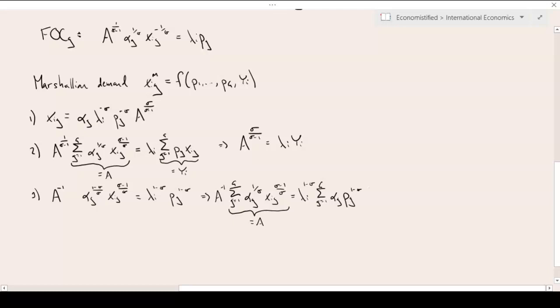We can't do anything with that yet, but on the left-hand side, we have A to the power of minus 1 times A. So that obviously simplifies. And rearranging slightly, I get that lambda i to the power of 1 minus sigma is just equal to 1 over this term on the right-hand side, which I'm moving to the left-hand side now.